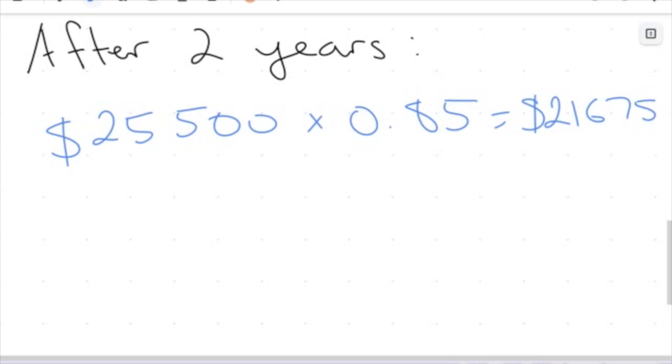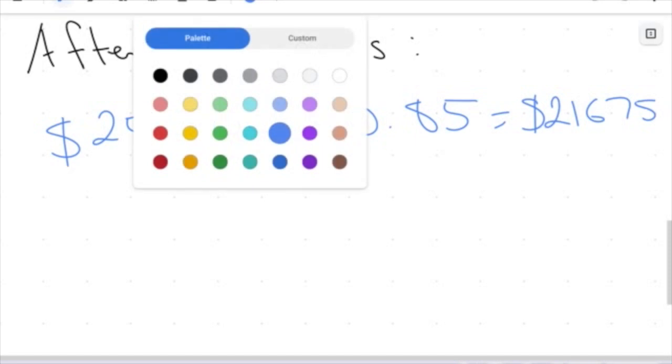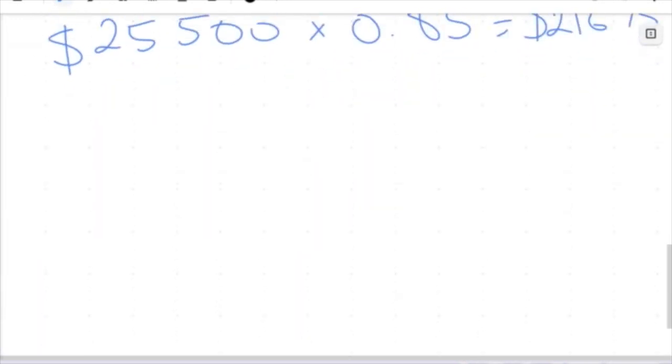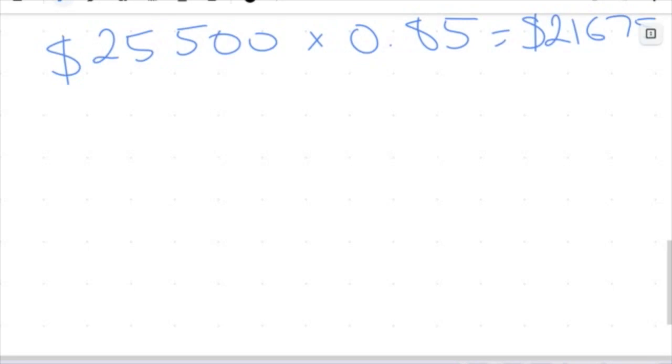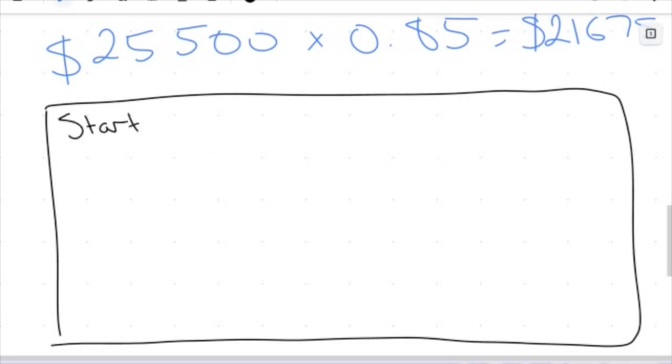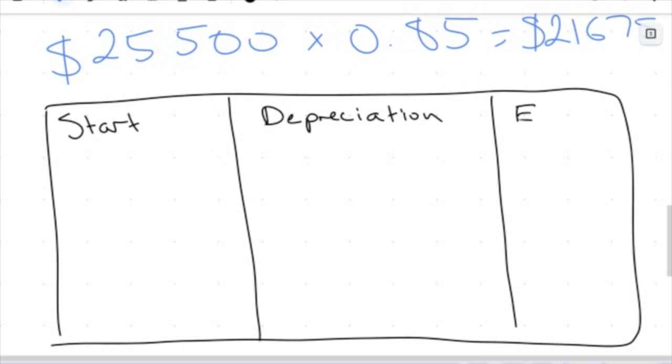So let's look and see if we can find some kind of pattern in how these numbers are progressing, the same way we looked at with compound interest. So I'm going to make a little table here. I have the starting price, I have the depreciation, and I have the end price.